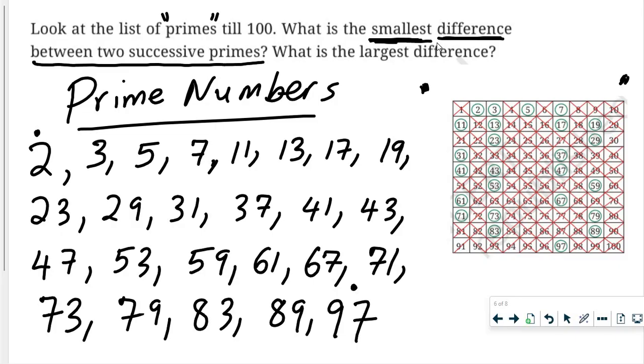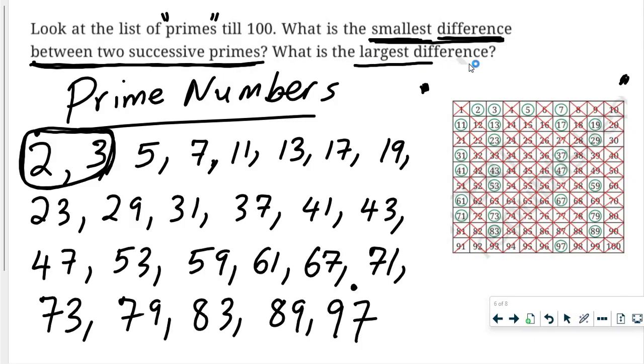You do the difference between 2 and 3, meaning 3 minus 2.